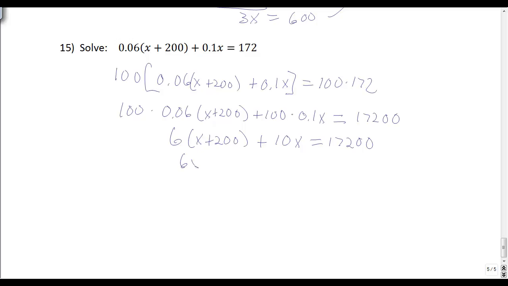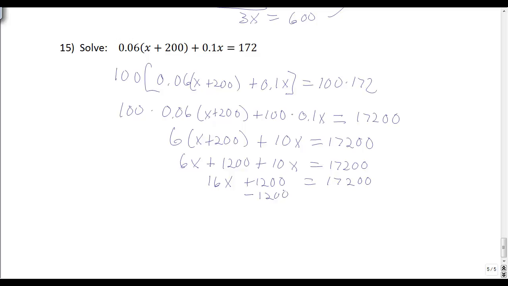Distribute the 6, we get 6x. 6 times 200 is 1,200. That equals 17,200. 10x plus 6x is 16x plus 1,200 equals 17,200.